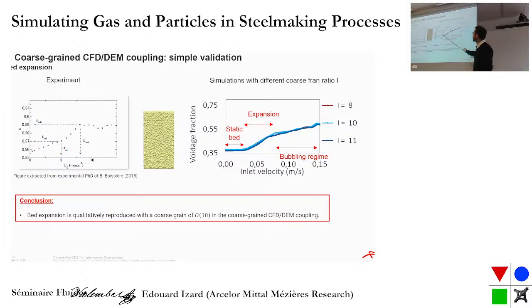And here you can observe that with the different values of L, we have similar behavior of expansion of the bed. So qualitatively, even if L is large, the coarse-graining is large, we keep some good comparison to simple experiments of starting the fluidization.